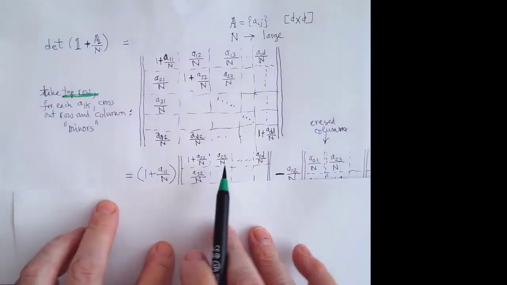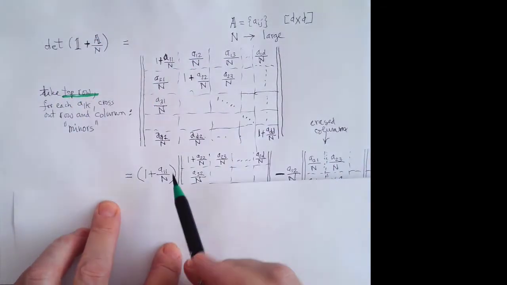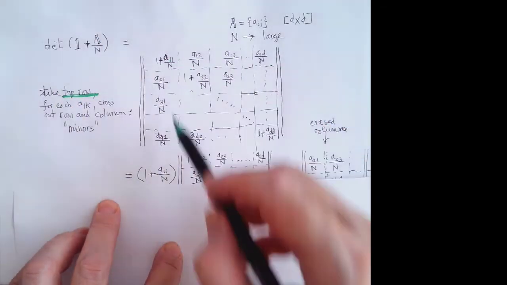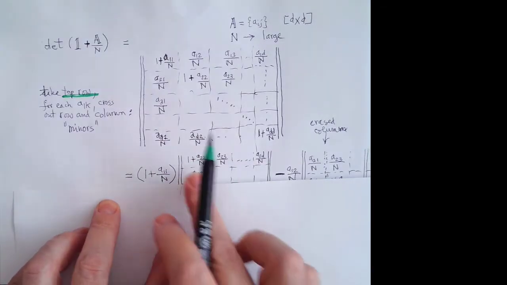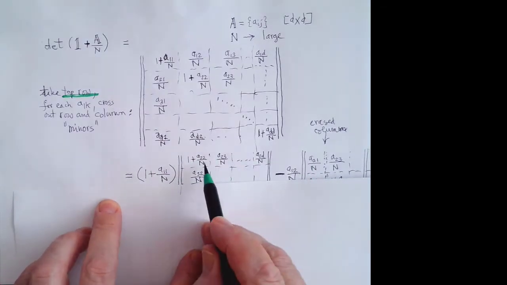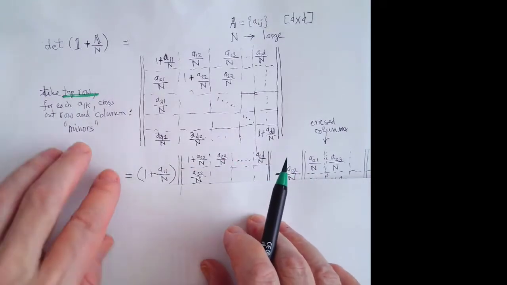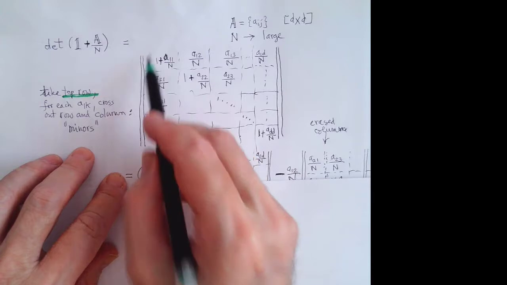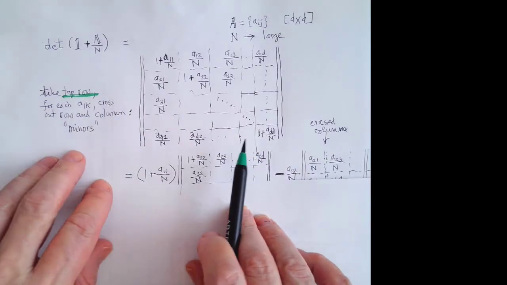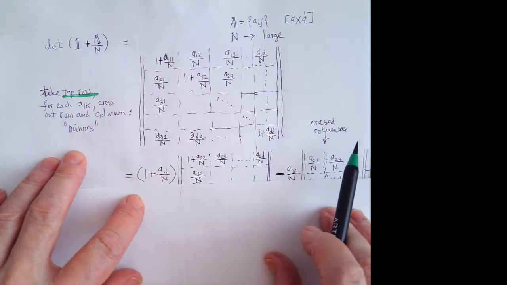We start with this first element, erase its row and column. We get a determinant of the same form, but it starts with a_22 over n. The rest is the same. And this is now a factor multiplying this reduced determinant.